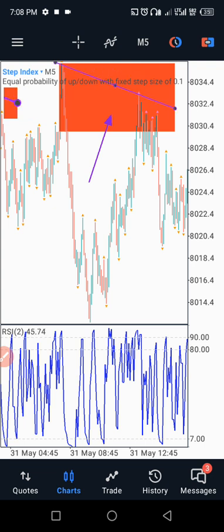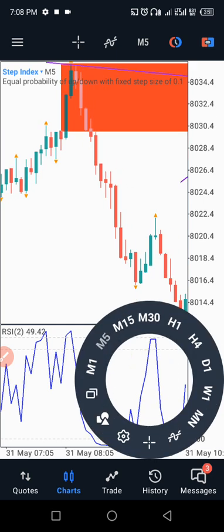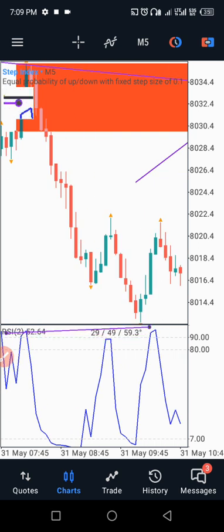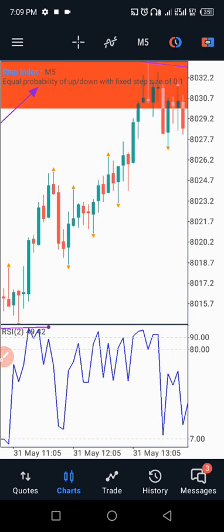Let's see if maybe on the RSI we can see a divergence in the market. Sometimes the divergence might not occur and the trade might still play out, but let's just see if there was a divergence in the market.